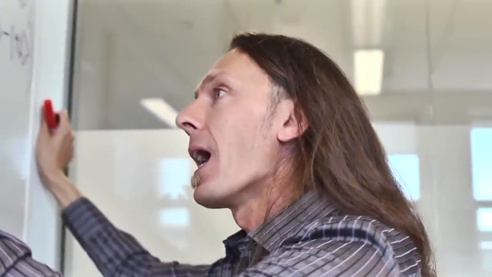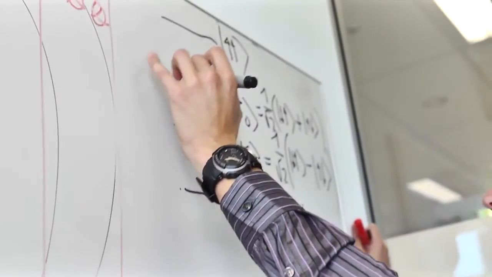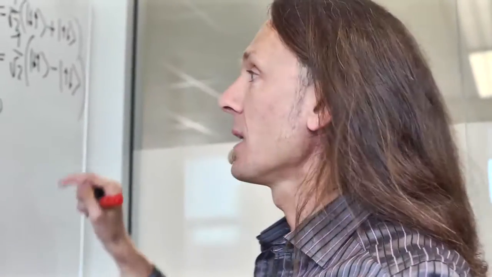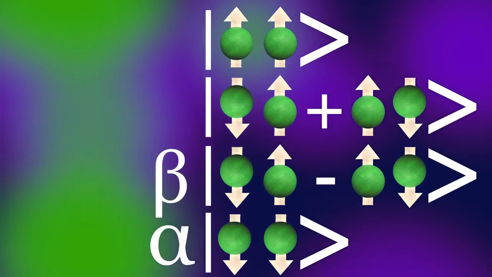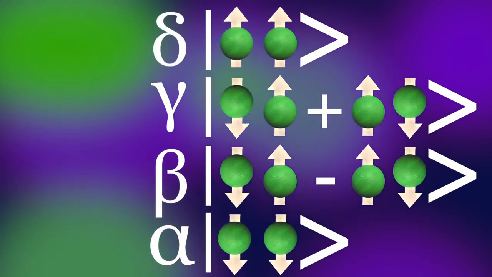Here instead, quantum mechanics allows me to make superposition of each one of these 4 states. So I can write a quantum mechanical state which is perfectly legitimate, that is some coefficient times this, plus some coefficient times that, plus some coefficient times that, plus some coefficient.